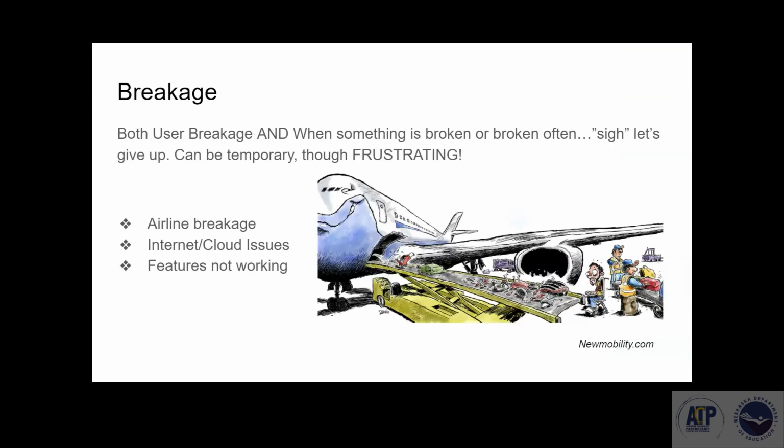And then breakage, very frustrating. Breakage can be temporary, and students can get their device back and go on their merry way. But I will say that one thing that I've seen popping up more on social media especially is the discussion of airline breakage, where wheelchairs are broken because they are not cared for or stored correctly during flights, as well as AAC devices.